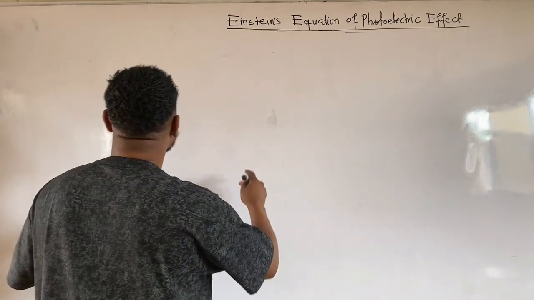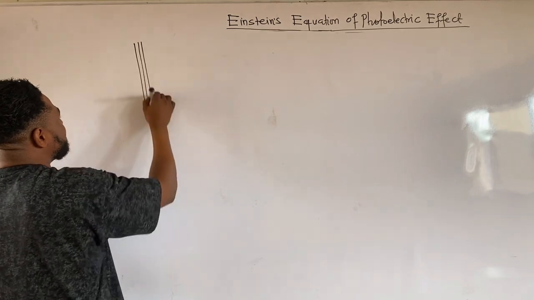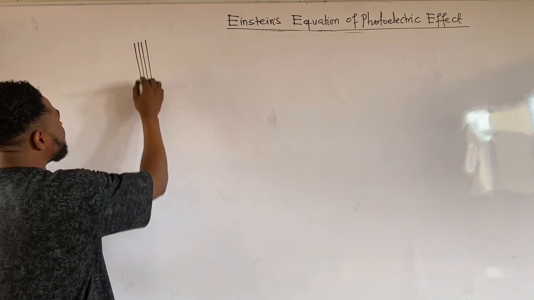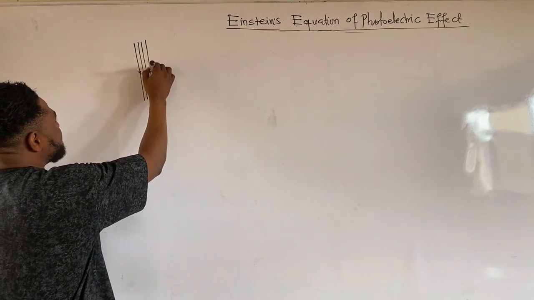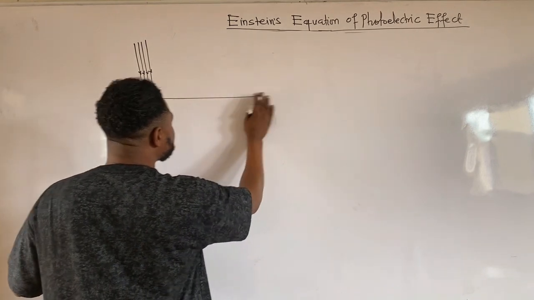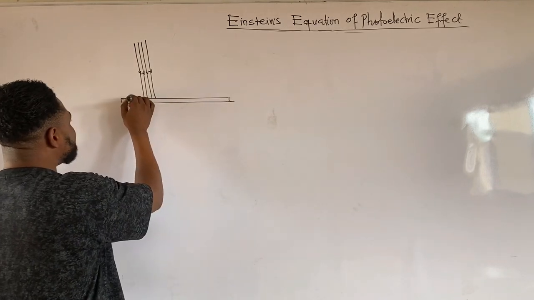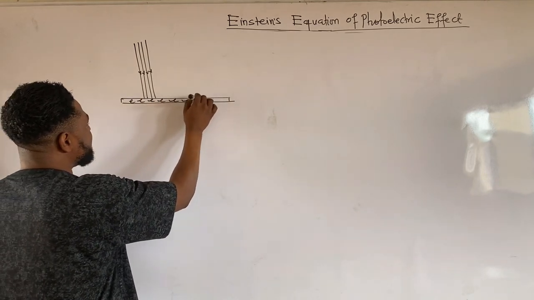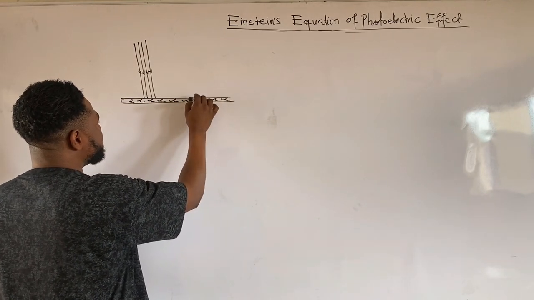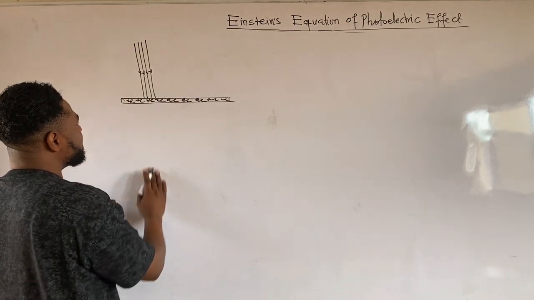Now, from this definition, let us deduce some formulas here. Let us take this as the electromagnetic radiation, all right? And take this as the metal surface, or the metallic substance on which the electromagnetic radiations are incident.